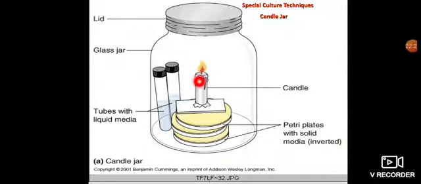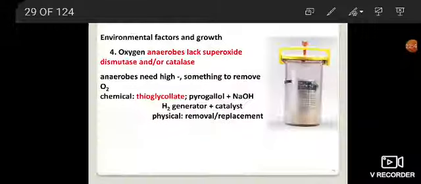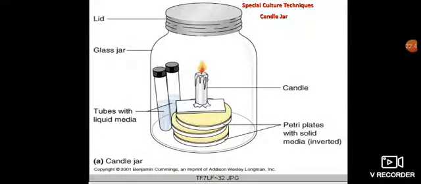Here the burning candle produces CO2, meaning an excessive amount of CO2 is generated in this environment, and after that the oxygen becomes very low. If the microorganism can still grow in that situation, we can conclude 100% that it is an anaerobic type of microorganism.